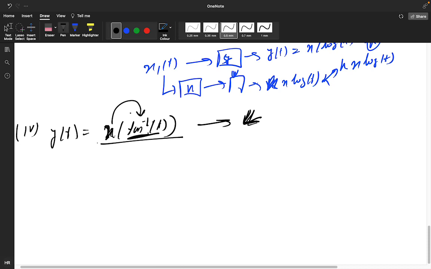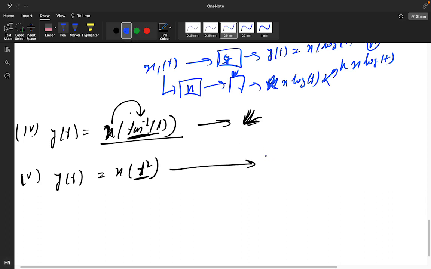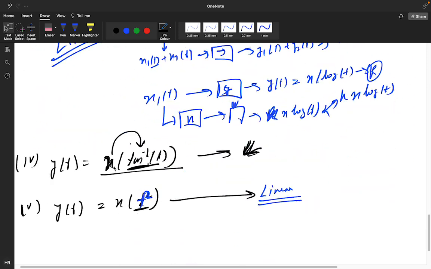What about this? The fifth one, y of t is equal to x of t square. This is also a function, no constant is there, so this will be linear only. You can check with this method.